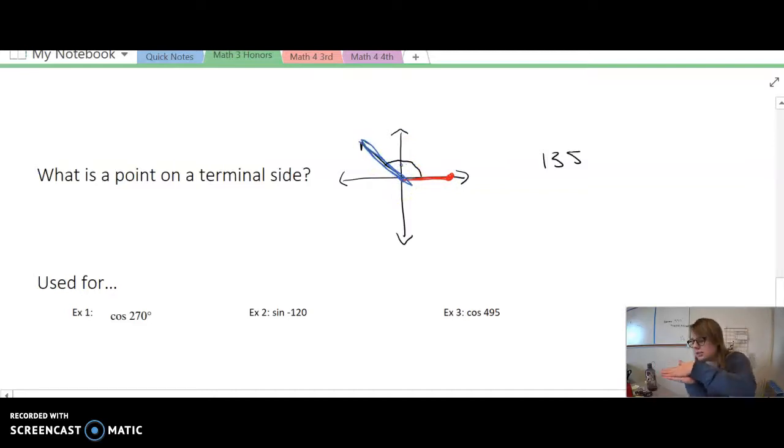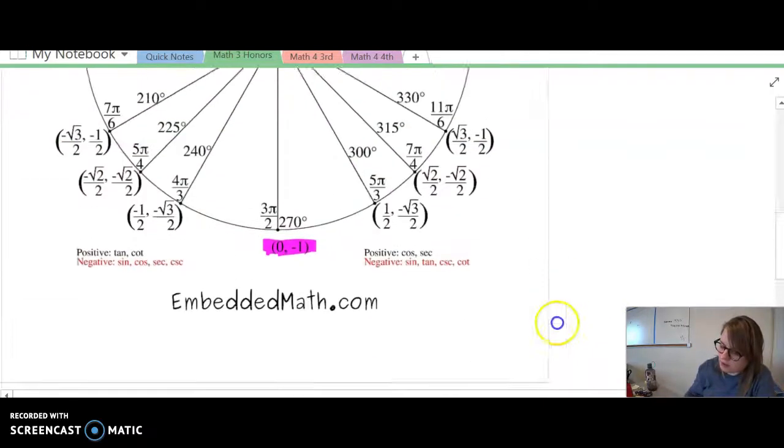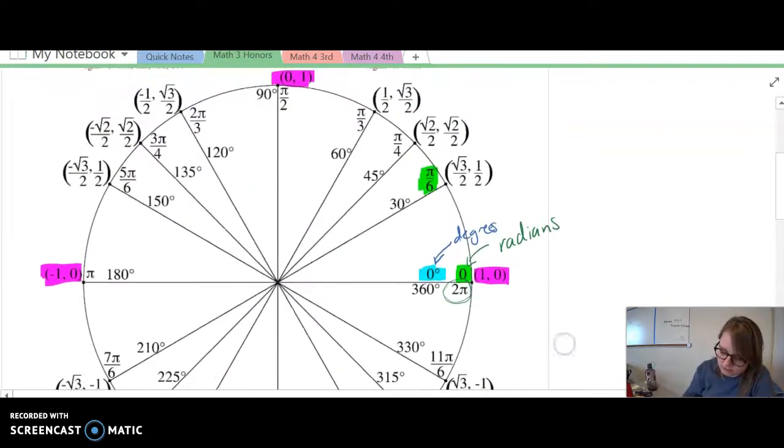So initial and the terminal is where it ends. So when I go to the terminal side at 135, going to my unit circle, my terminal side is 135, and I have a coordinate associated with it. And the coordinate is negative square root of 2 over 2, positive square root of 2 over 2. And that's where the point on a terminal side comes from.